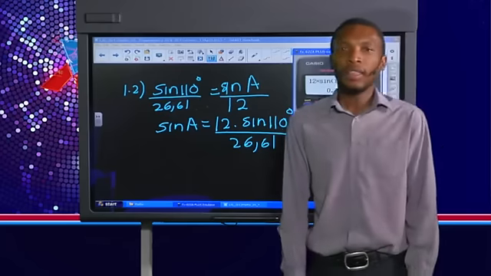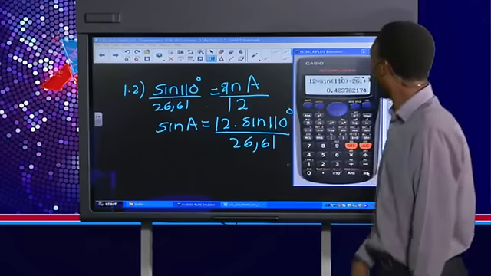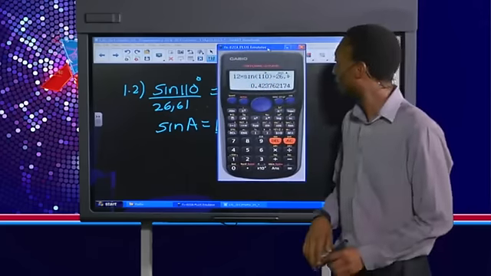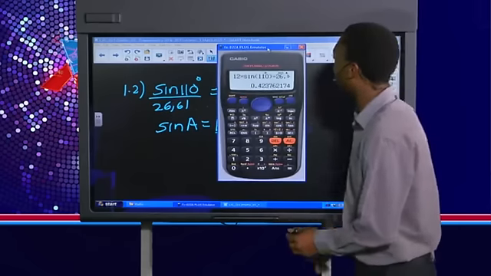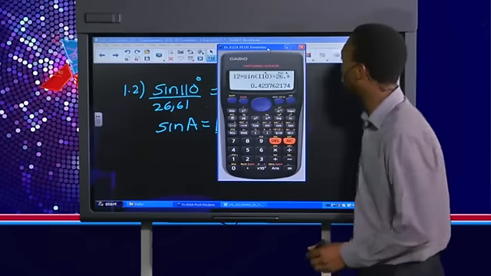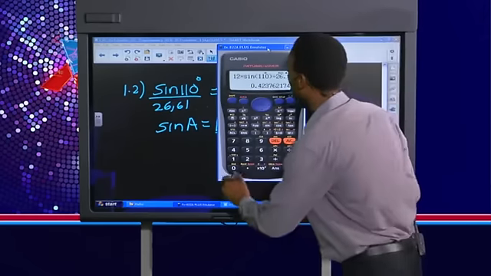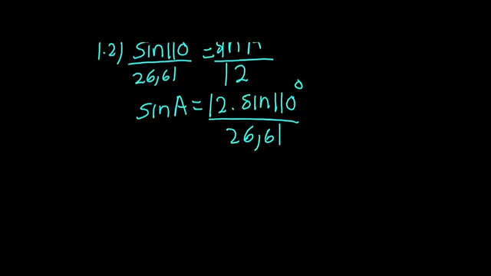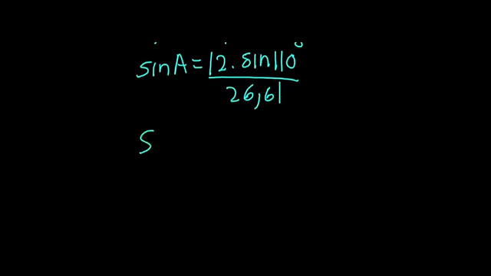Okay, so that's what we should have as your answer. AB, I'm going to need you to help me memorize. So sine A is 0.423762174.